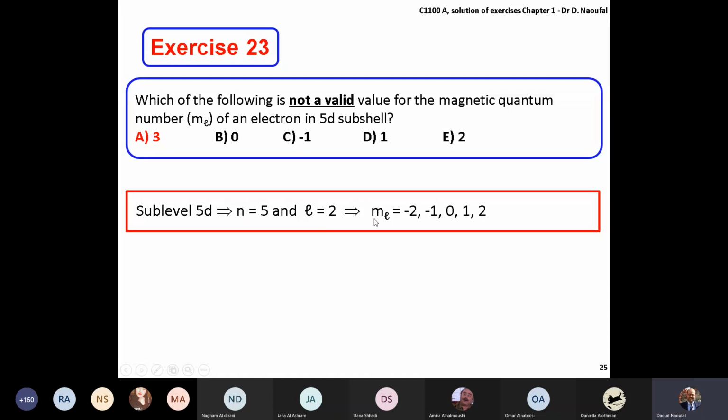The possible values of ml are between minus L and plus L. So ml equal minus 2, minus 1, 0, 1, and 2. B is acceptable, C is acceptable, D and E are acceptable. So the incorrect value is in A, so the correct answer in this exercise is A.